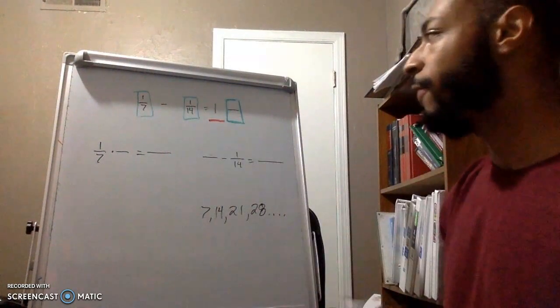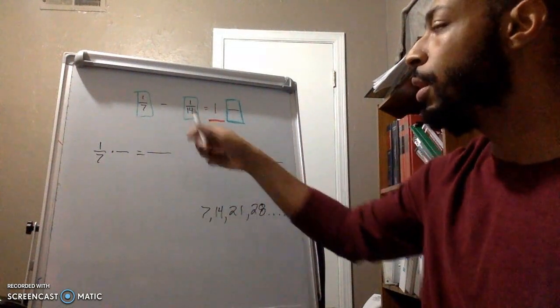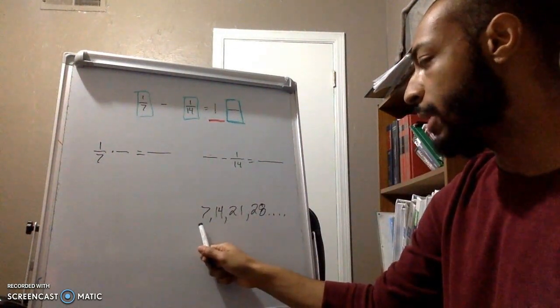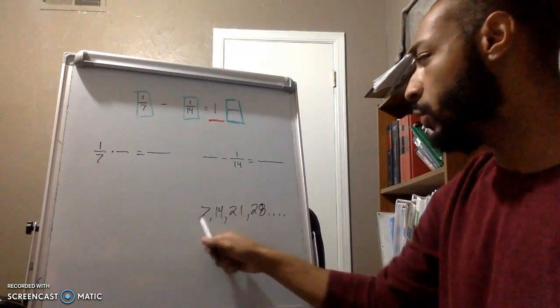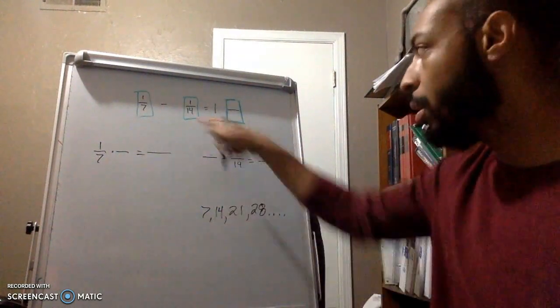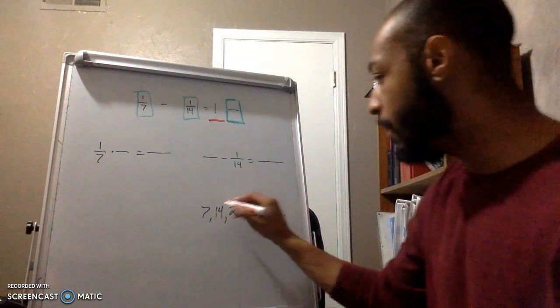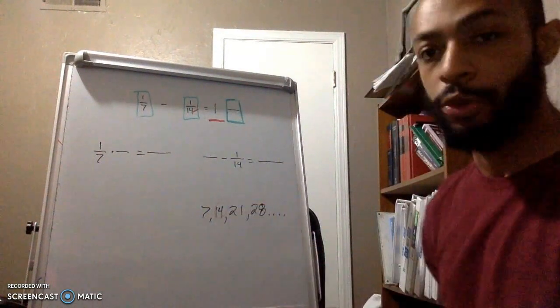So we have to find a factor of 7 and 14. I did it down here. I know that 7 times 2 is 14, 7 times 3, 21, 7 times 4, 28. Well, I could see immediately that we have a common factor of 14 and 14.